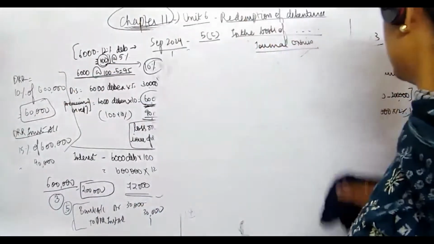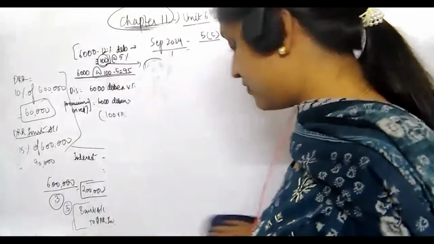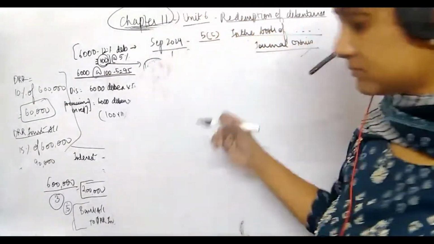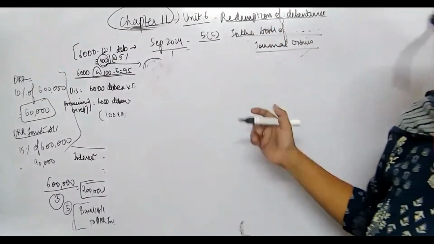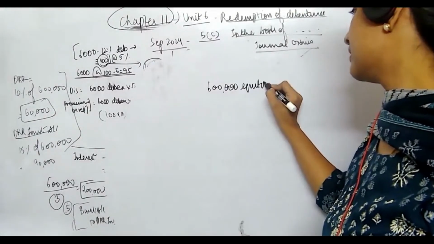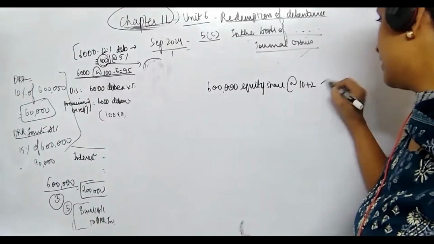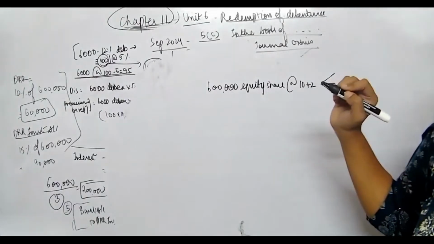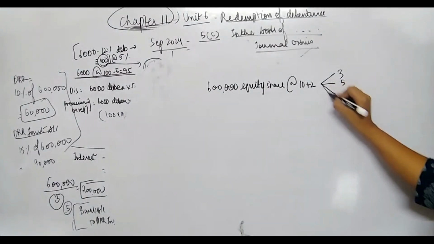You can do it. Just a very simple question, which is dealing with the issue of shares and forfeiture of shares. That's all. Okay. So how many shares? Just a minute. It is 6 lakh equity shares at the rate of 10 plus 2, which is collected as 3 on application, 5 on allotment, and balance in 2 calls.